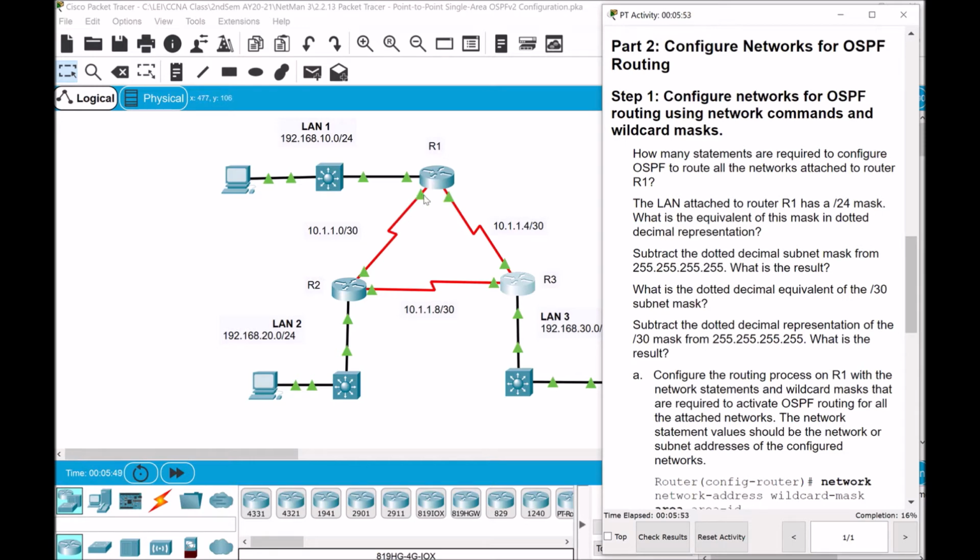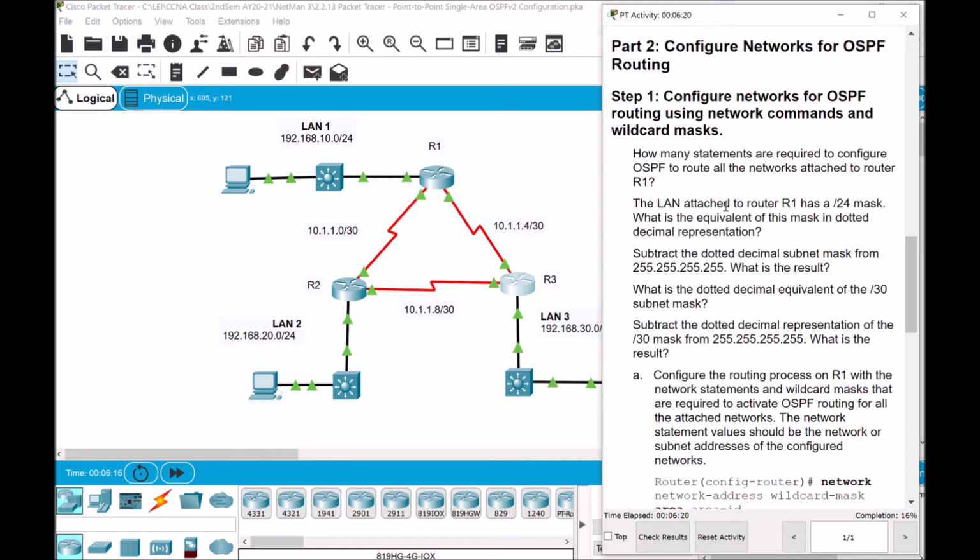So how many statements should we use to configure OSPF for all three attached networks? Of course, the answer is 3. Don't forget to write that in your manual, which you'll be submitting together with your accomplished Packet Tracer activity on our Open LMS. Let's proceed to the next question.